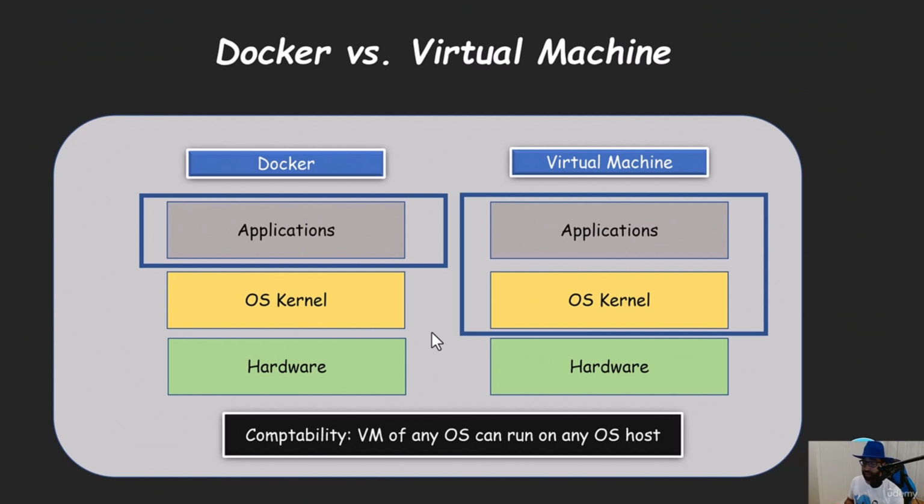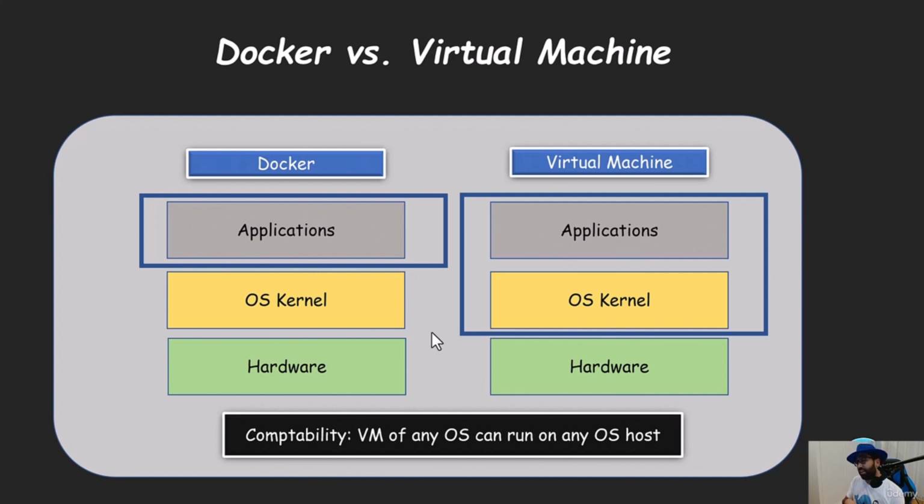And if you're running Windows, you can run Linux or a macOS virtual machine. And finally, if you are using a Mac machine, you can run a Linux or Windows virtual machine.